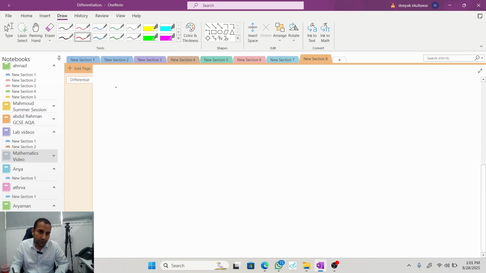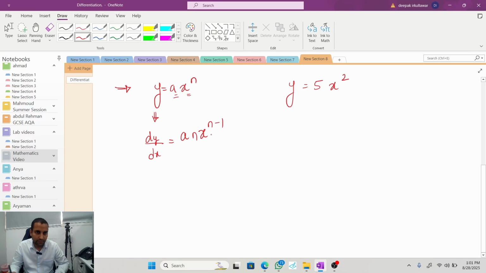You can get all this in your formula booklet, but still, if you have y equals a times x to the power of n, where a is a constant and x is a variable, for example y equals 5x squared, how do you differentiate this? The formula is dy by dx: a remains as it is, and this n will come out, so this becomes n x to the power of n minus 1.